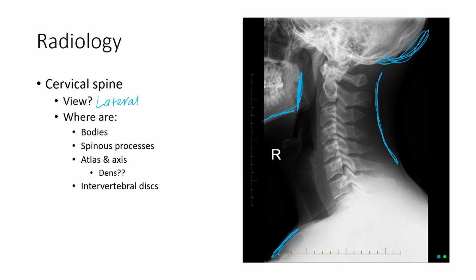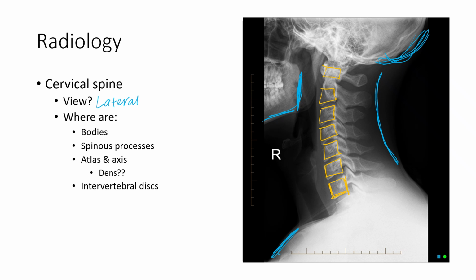Where are the bodies of the vertebrae? Why, those are the stacked up rectangles right there. Right through there. Can you tell which one is C7?